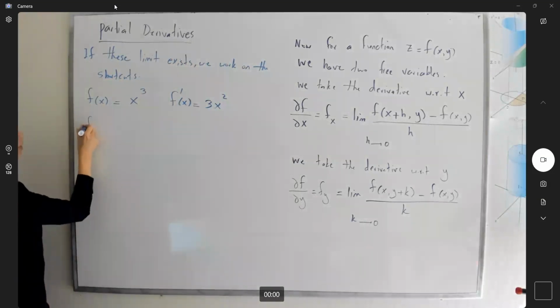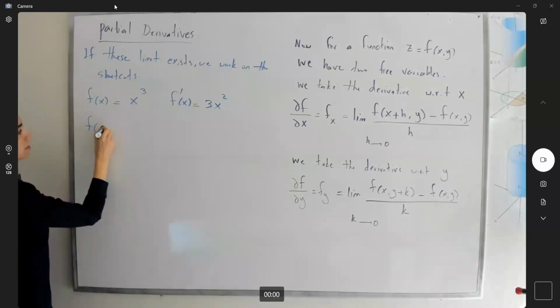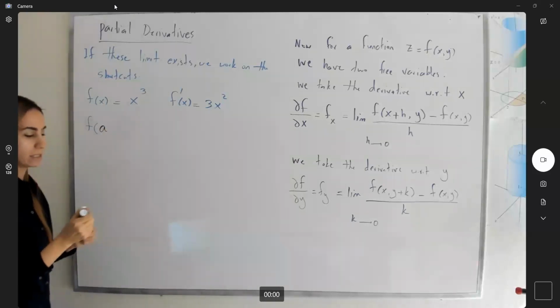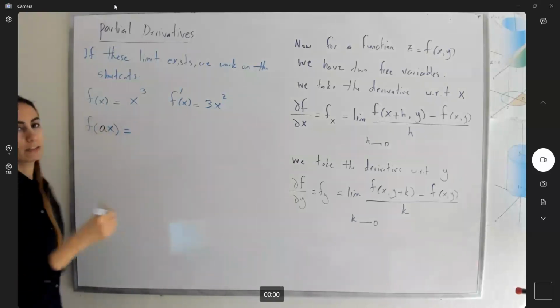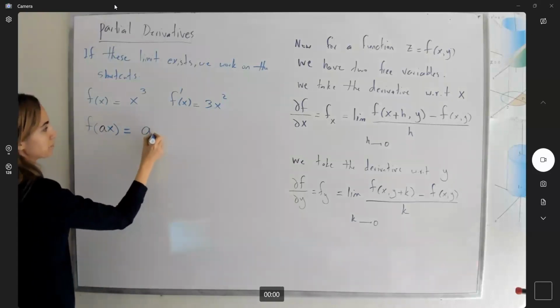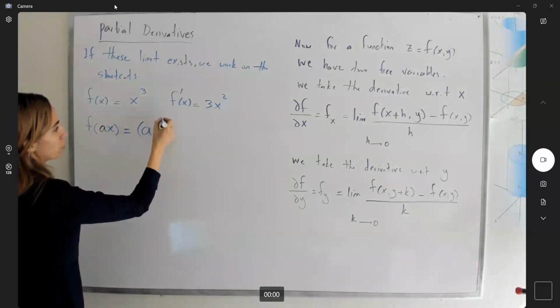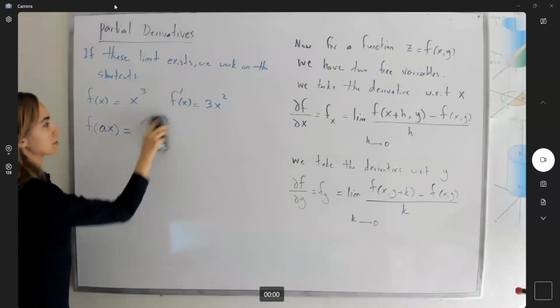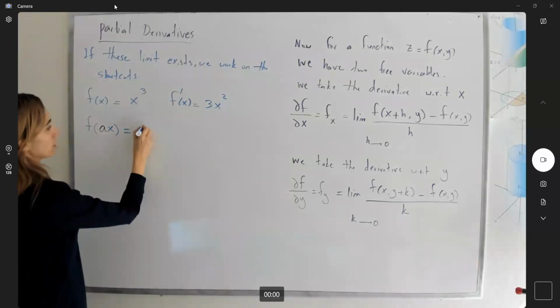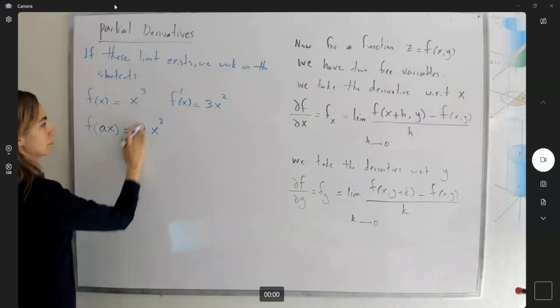So if you had something like a times x, where a is any constant, let's write it simpler as a x squared. Again, a is just a constant. A is a numerical value.